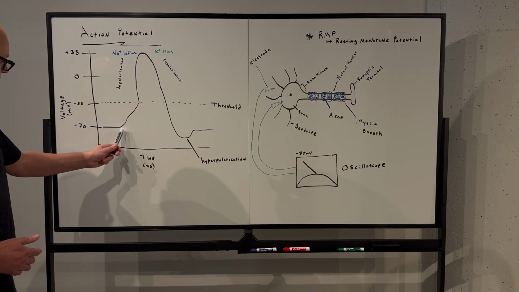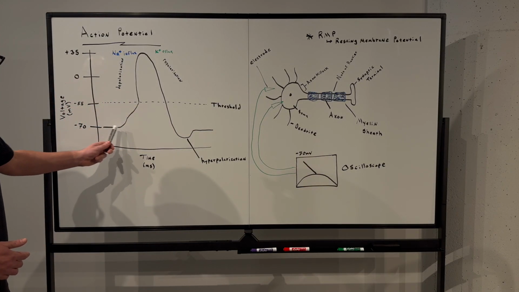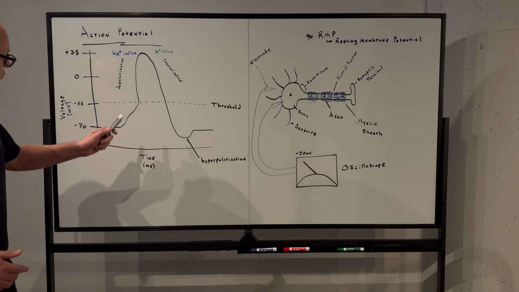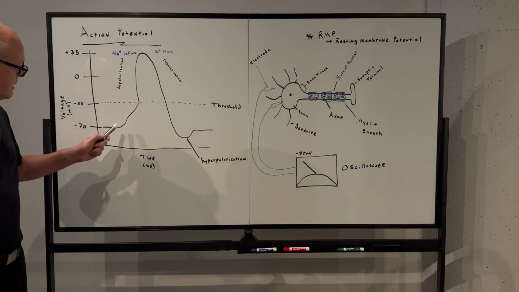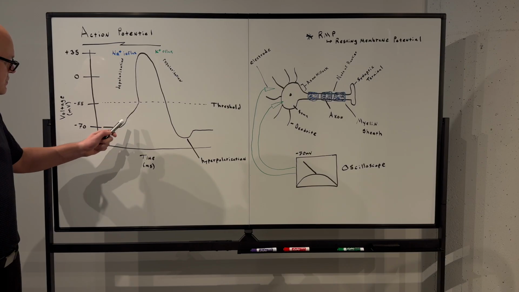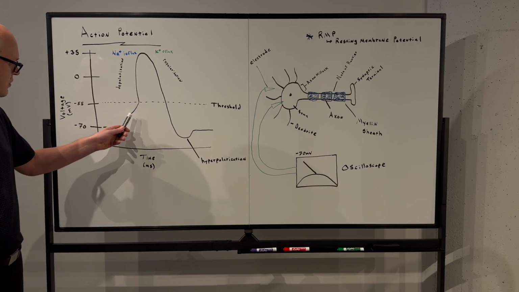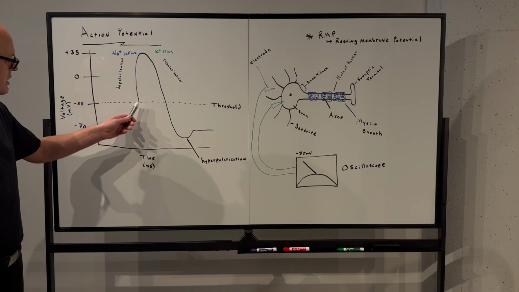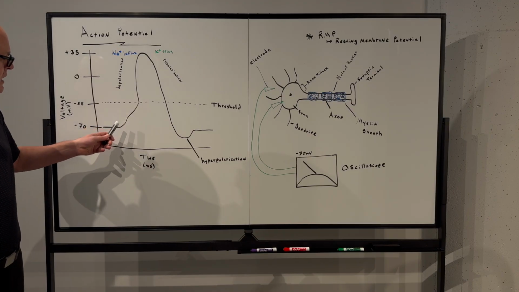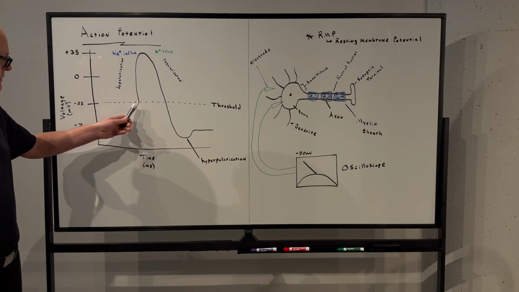So we have the resting membrane potential being -70. If we have an excitatory input onto the neuron, we're going to get a slight depolarization. So the membrane potential is becoming less negative.